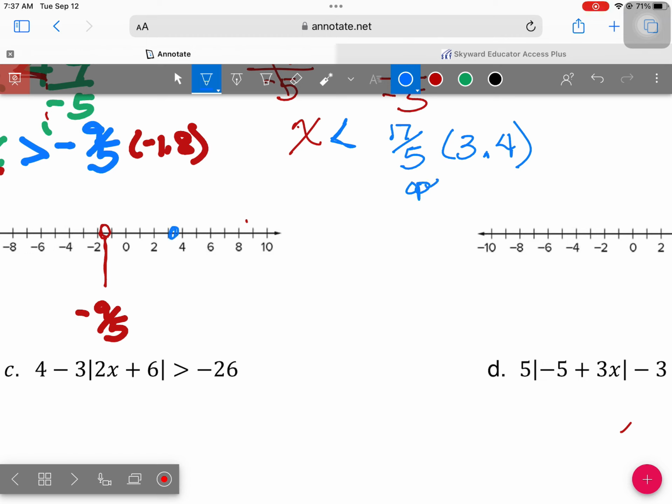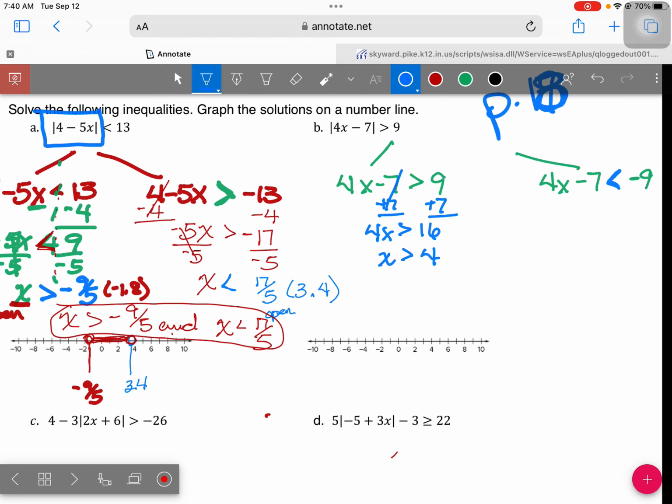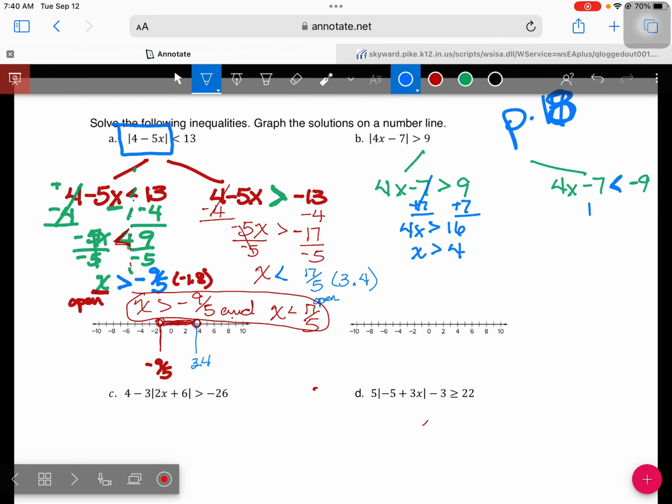Okay? These are both open circles because I don't have the equal sign. So x is greater than 4. Does that include 4? And x is less than negative 1/2. So negative 1/2 is between 0 and 1. And it's less than that.